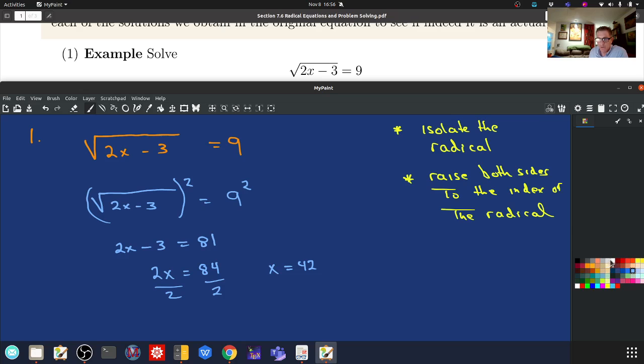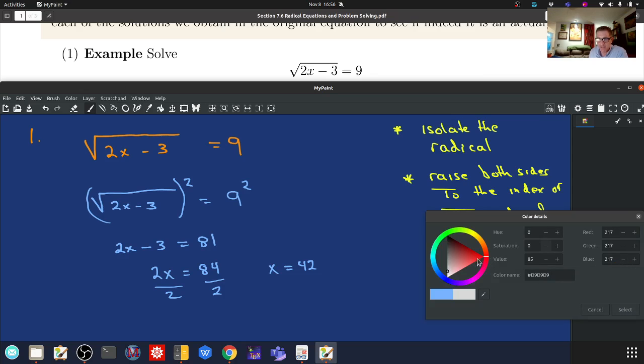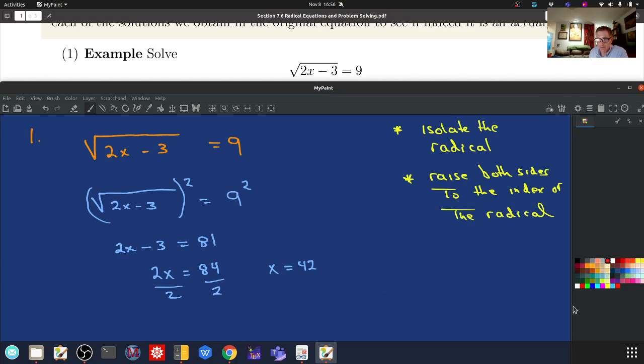So this is not necessarily my answer. This is a possible answer. The original may not have an actual answer. So let's go back up to the original equation and let's see if it works. So to check it out, all you do is you start with the left-hand side, or the side with the radical.